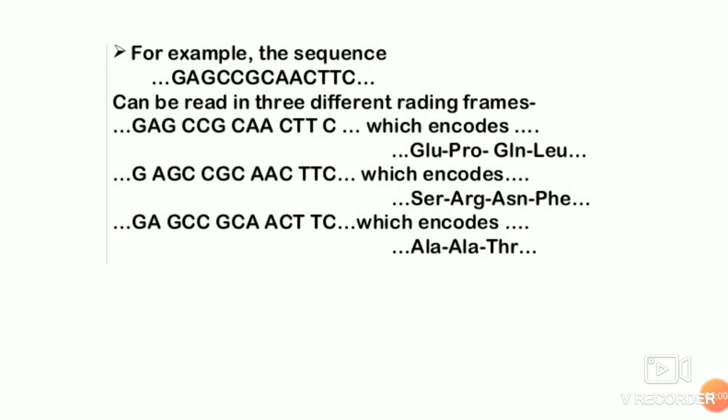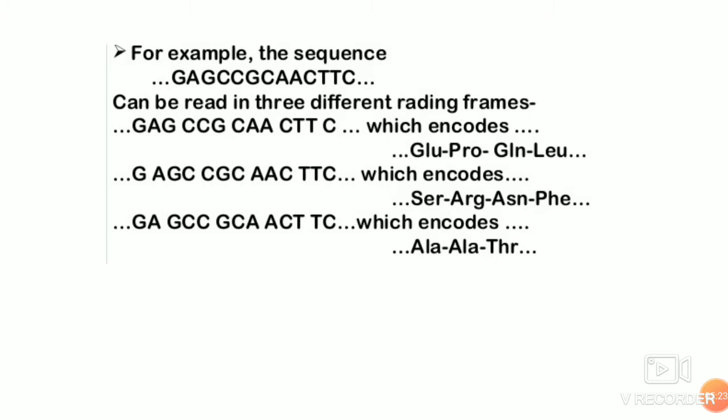So GAG, CCG, that is the first reading, encodes glutamate, proline, glutamine, leucine, etc. Suppose it reads from the second nucleotide, then it will be AGC, CGC. So the protein coding itself differs.